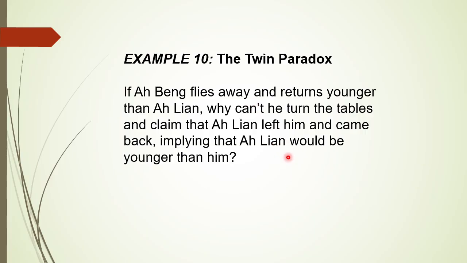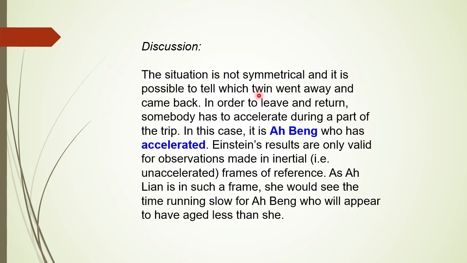So shouldn't he be the one that ages more, and he sees the clock in his sister's frame of reference tick slower, therefore she experiences time dilation, and therefore she ends up being younger than him? Well, this should be true, right? However, this situation is not symmetrical because actually he's not always moving at 0.8 the speed of light with respect to her.